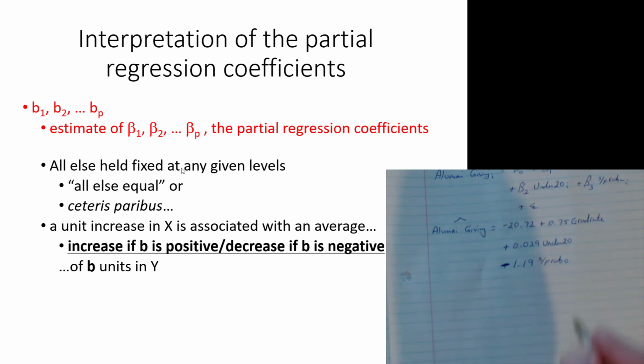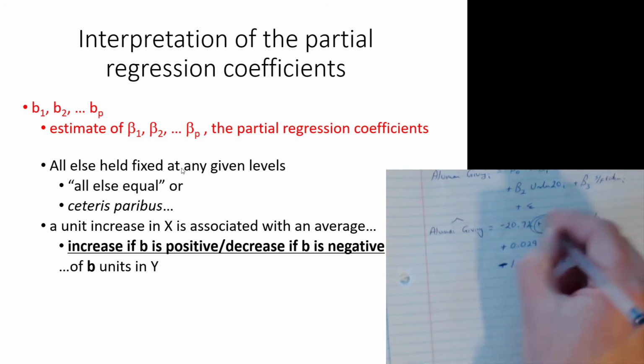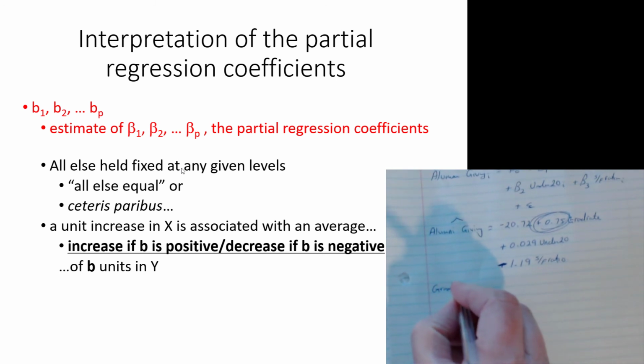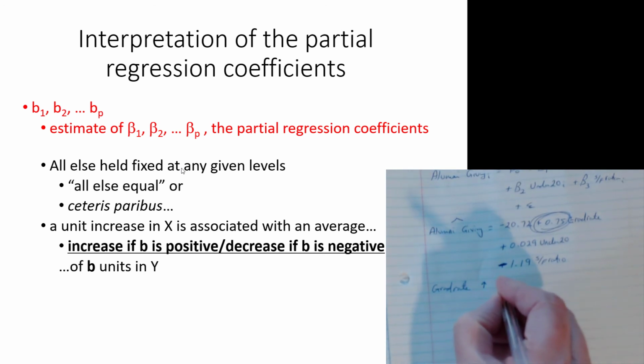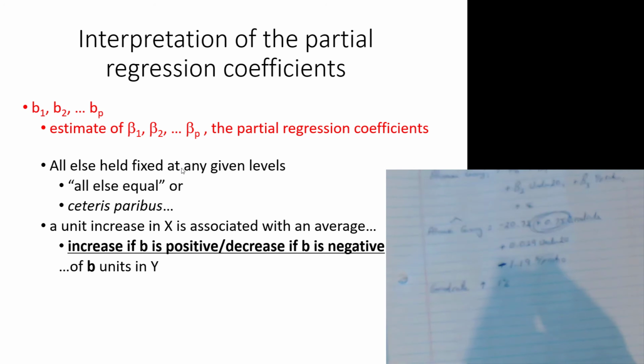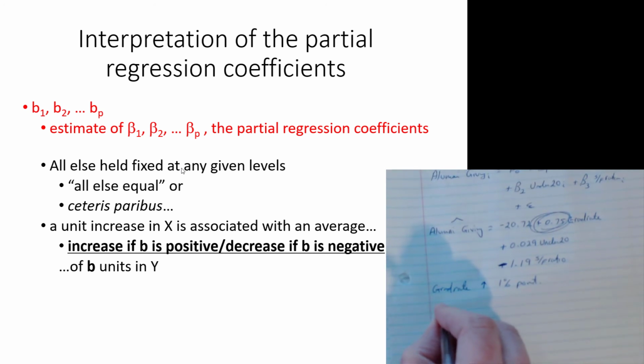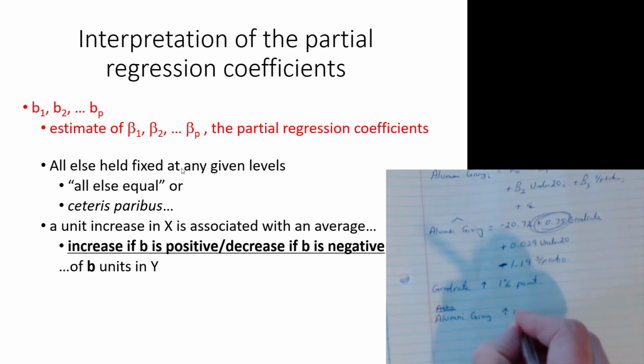So, for instance, when we look at that coefficient for grad rate, that means that if the grad rate increases by 1 percentage point, alumni giving increases by 0.75 percentage points on average.